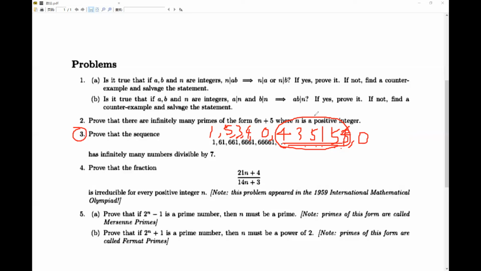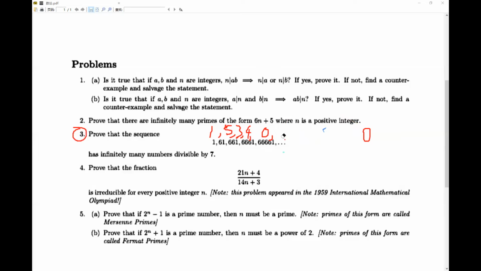Let me check. So this is 1. You said 5, 3. Oh no, it's not this way. Maybe it goes 1, 1. This is not correct. Too many. So I think there should be another 1 in between. Yes, another one, not this one.